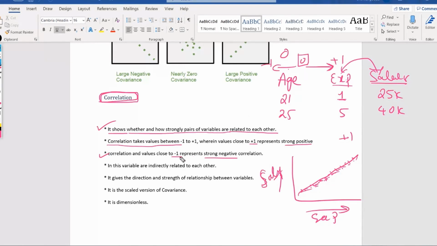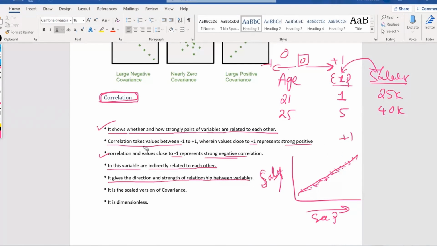So that's basically a negative correlation, and the variables are inversely related to each other, as the name itself says. It gives the direction and strength of the relationship between variables.